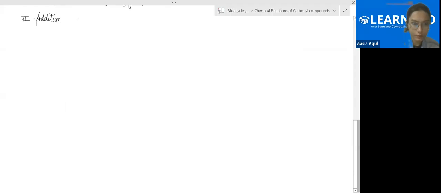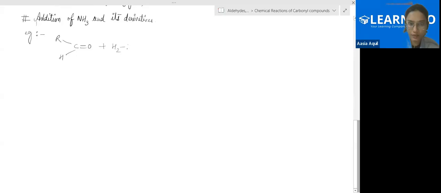Addition of ammonia and its derivatives. Okay. So again, let's take an example. Let's take an aldehyde, CHO, and ammonia. Ammonia is NH3, so I'm writing ammonia like this.